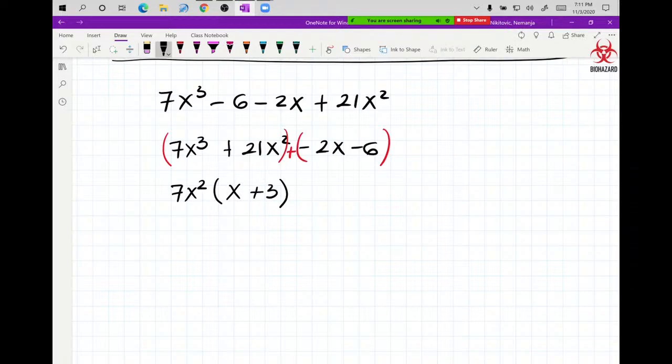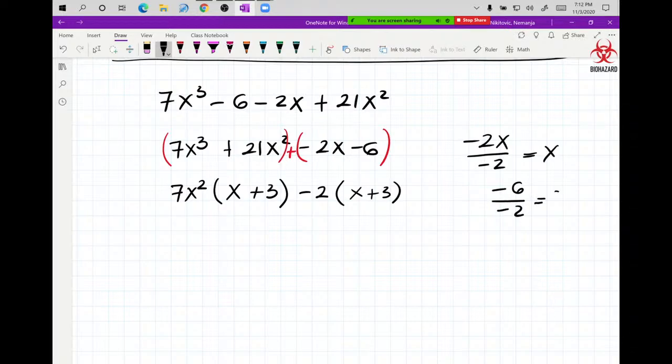Now, what do we kick out from the second parenthesis? Excellent. And now, the leftovers are x plus 3. Now, why? Negative 2x divided by negative 2 is just x. And negative 6 divided by negative 2 is positive 3. So x plus 3.